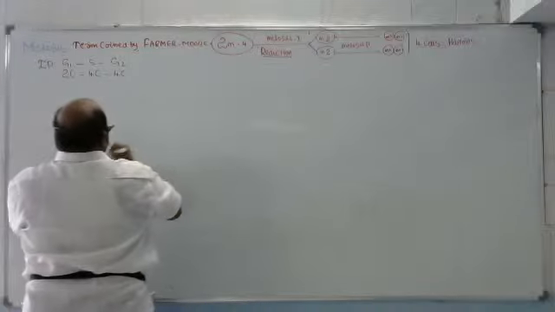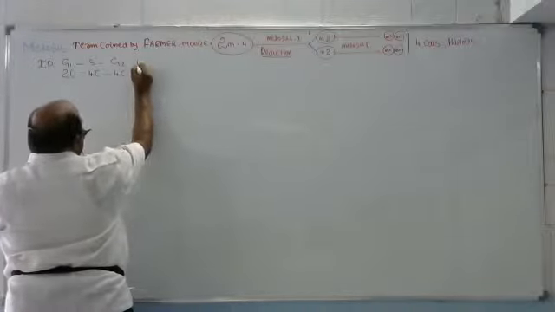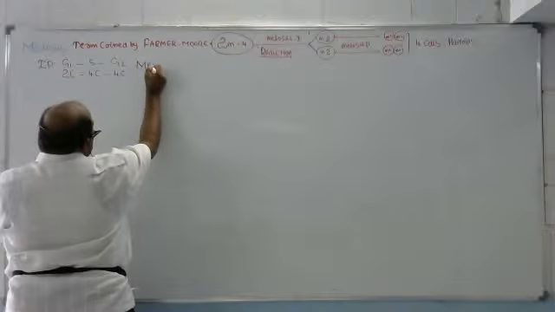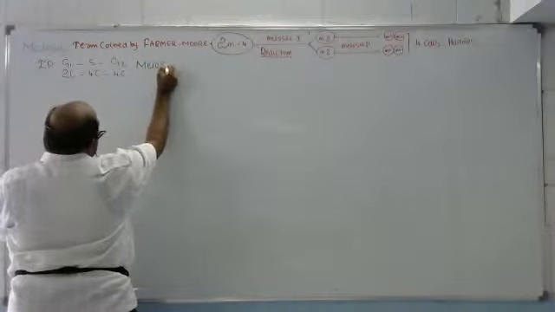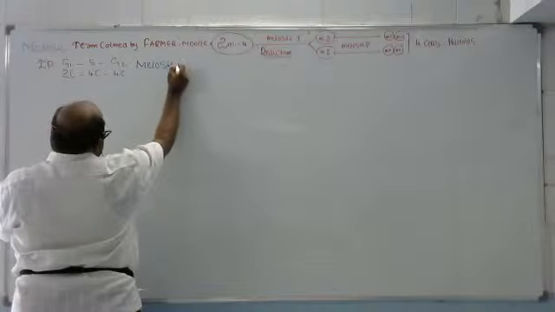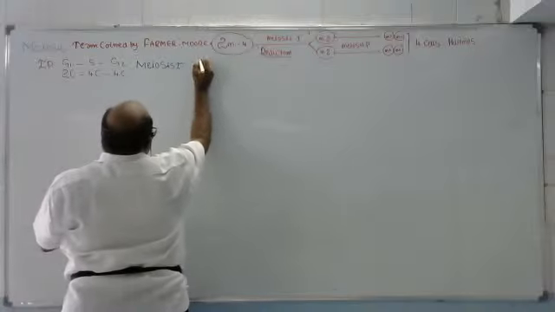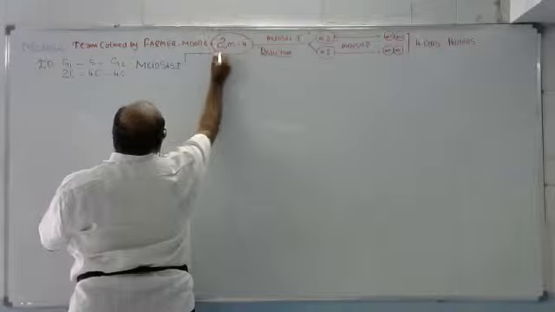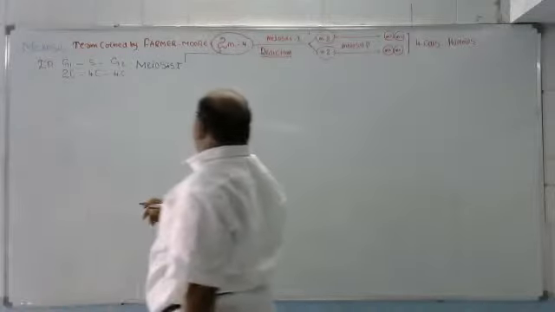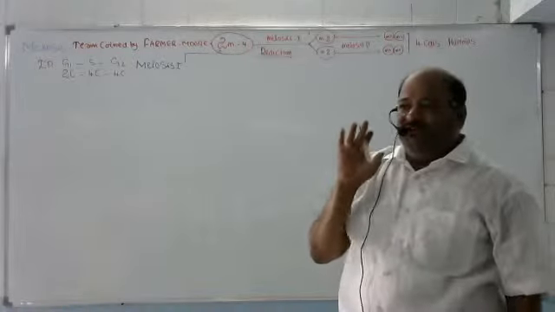After that, which process will take place? Meiosis 1 will happen. Here I would like to take an example of a diploid cell, 2n equals 4.